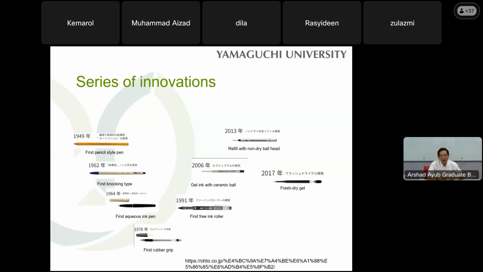And in 1962, they first introduced the knocking type pen. It's already common. And in 1964, this company released the first Acros ink pen.